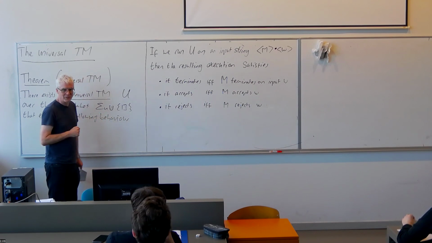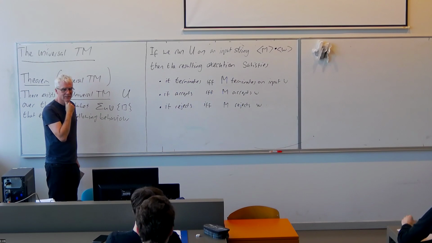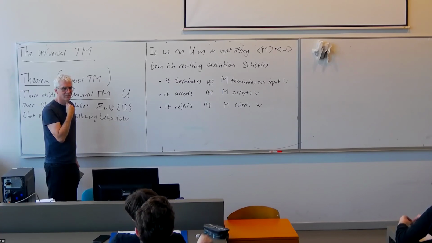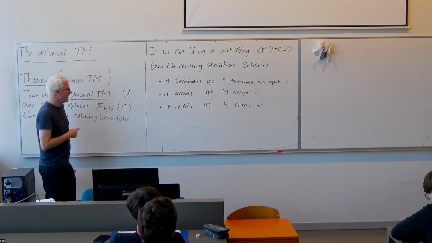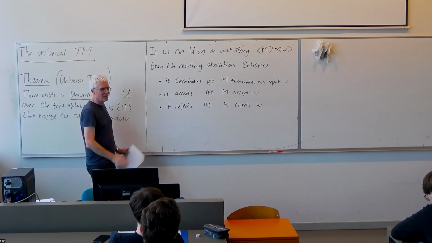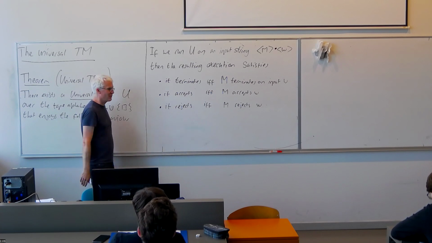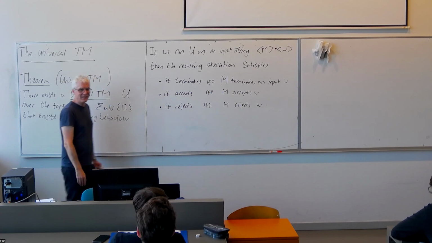Yeah, the second question is, can we look up a concrete universal Turing machine and roughly how many transitions does it have? Yes, you can use Google. But there isn't just one universal Turing machine, because everyone that presents a universal Turing machine designs their own.